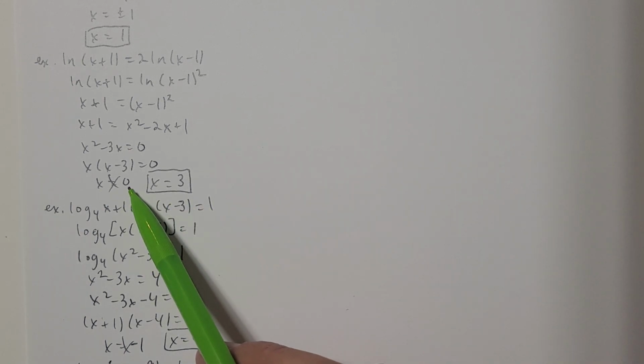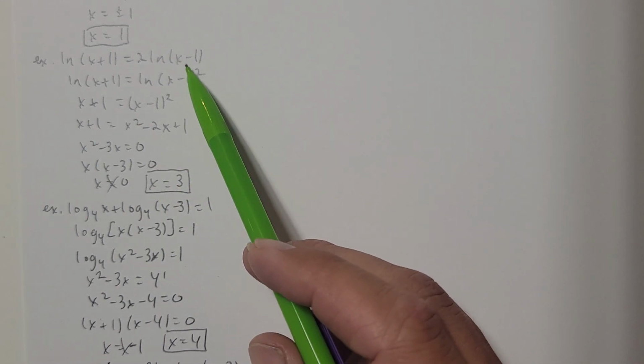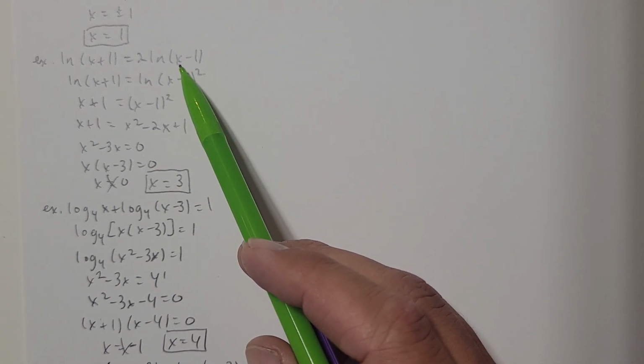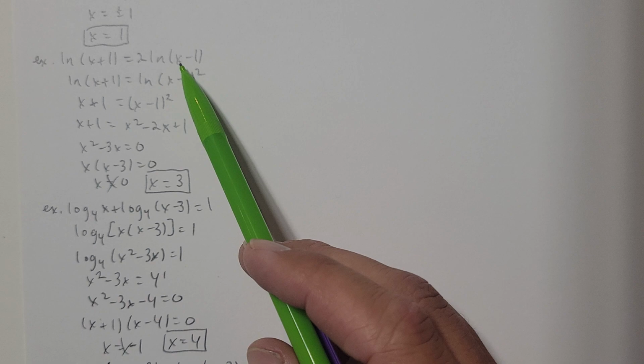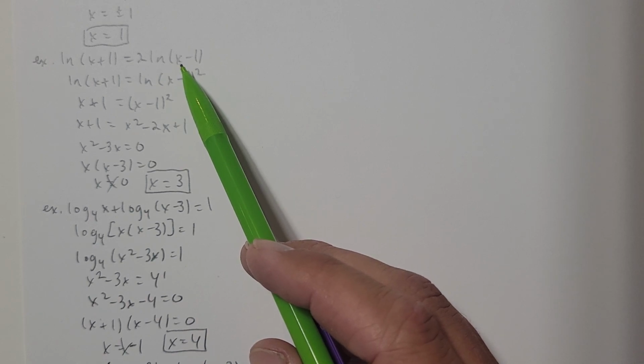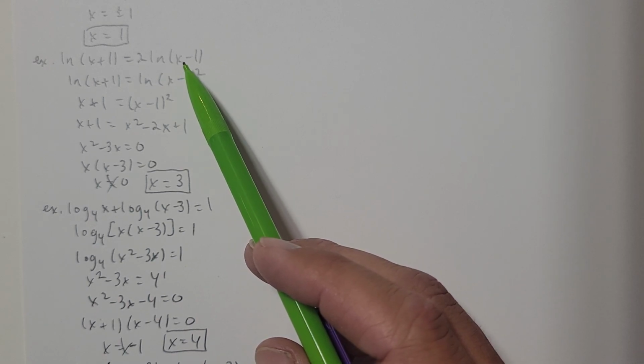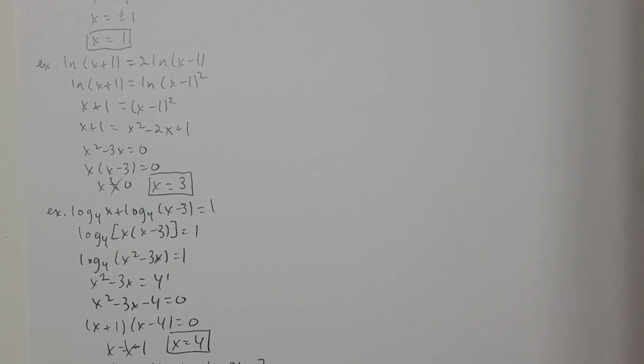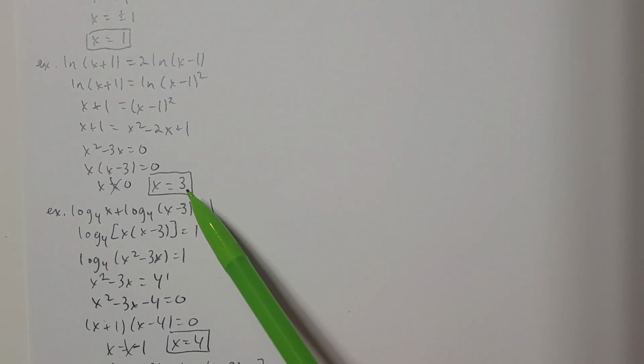So 0 is no good because if I plug in that number, I'm taking log of a negative number. You can't do that. You can't take log of 0. You can't take log of a negative. So 0 would be an extraneous solution. Okay, and now I want to know if 3 is going to work out.